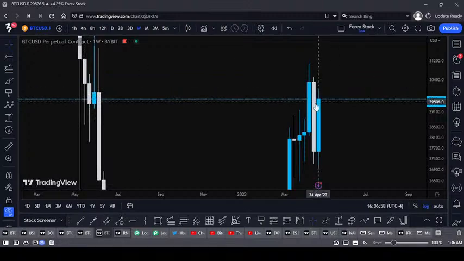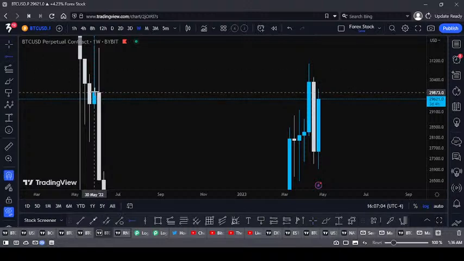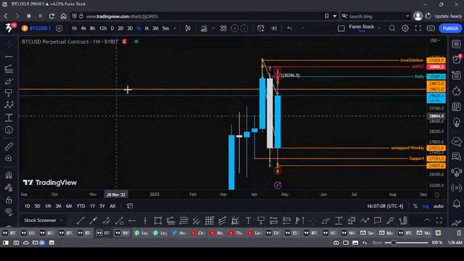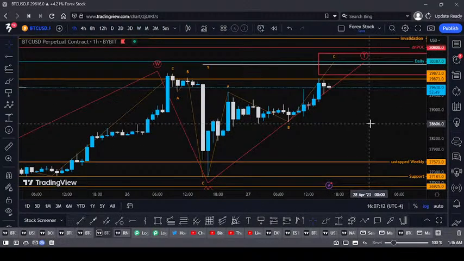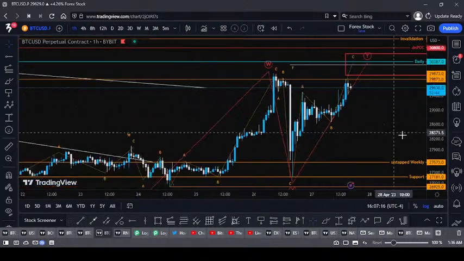It was bypassed and then bypassed again, and not a single time has it been back tested. So that was the higher time frame back test that happened yesterday. You see this one at this point, and now we are again at the same level.